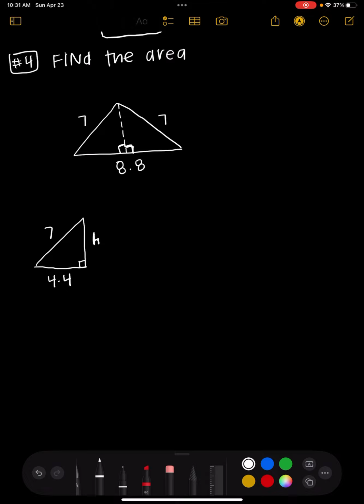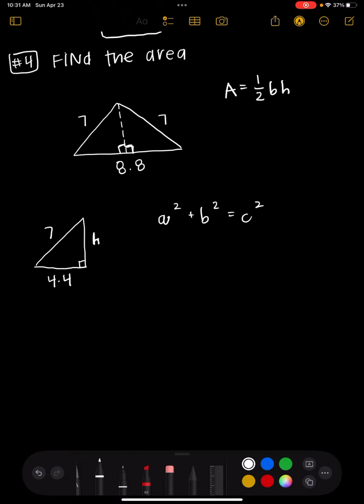Because if you remember, the formula for the area of a triangle is area is equal to 1/2 base times height. So first we need to find the height, and the way that we're going to do that is with the Pythagorean theorem. So the Pythagorean theorem once again is a squared plus b squared is equal to c squared.